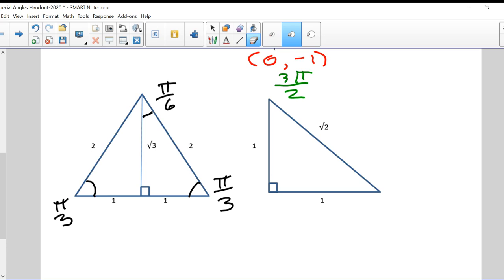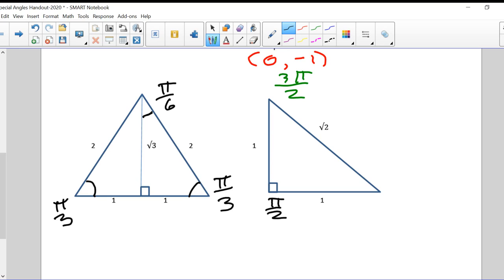Okay, let's get to the second triangle. What about these angles in the second triangle? Now remember, all triangles are what we used to call 180. We don't call it that anymore because now we're dealing in radians. This here is what we used to call 90, that's the right angle. But now we're going to call this pi over 2, because that's what 90 degrees is.